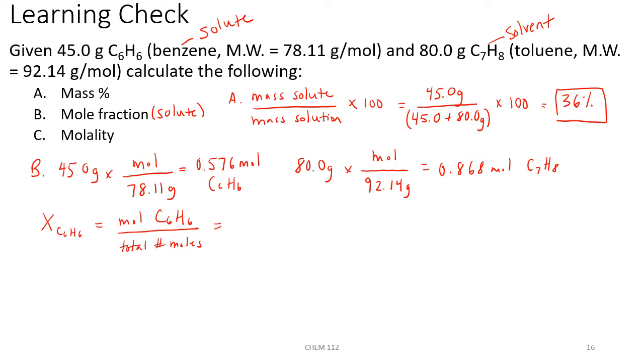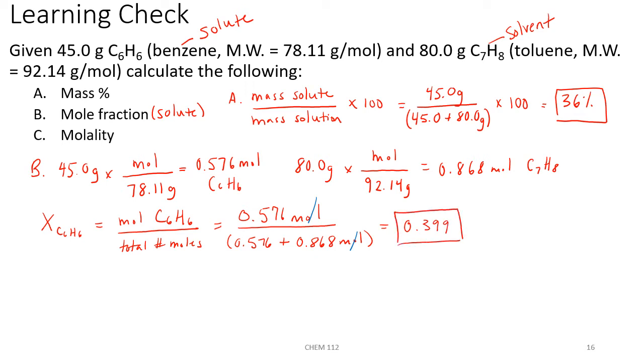So our moles of benzene is 0.576 moles over our total moles of the whole solution. So that's going to be 0.576 moles for the benzene plus 0.868 moles for the toluene. Notice our units of mole will cancel, and our mole fraction of our solute will come out to being 0.399. A mole fraction, recall, will always be a decimal number somewhere in between 0 and 1.